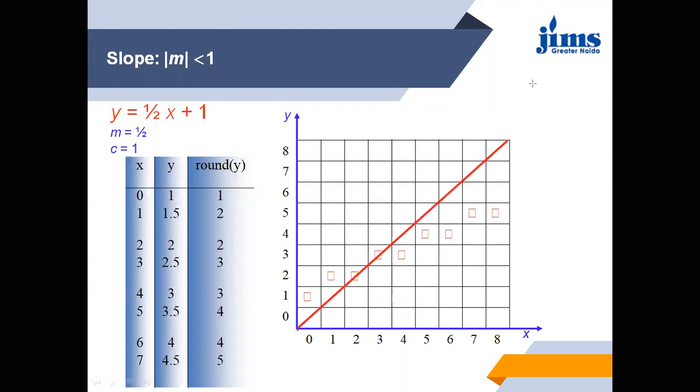But when m is less than 1, on the x-axis every time we are increasing the value by 1, and we have to find the pixel position on the y-axis. Suppose the current pixel is yk. The next pixel will be yk or yk plus 1.